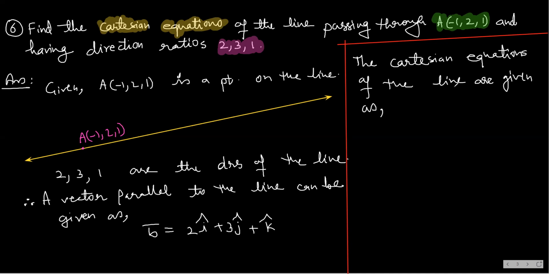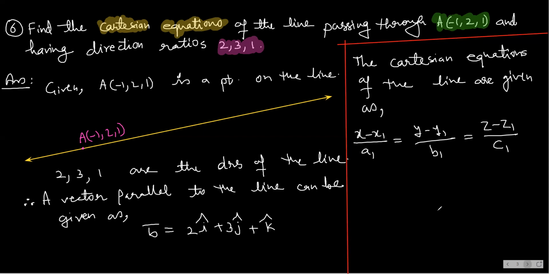So the Cartesian equations of the line are given as, see here, (x minus x1) upon a1 equals (y minus y1) upon b1 equals (z minus z1) upon c1.